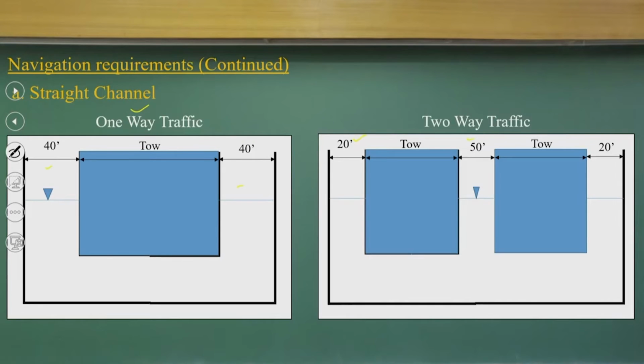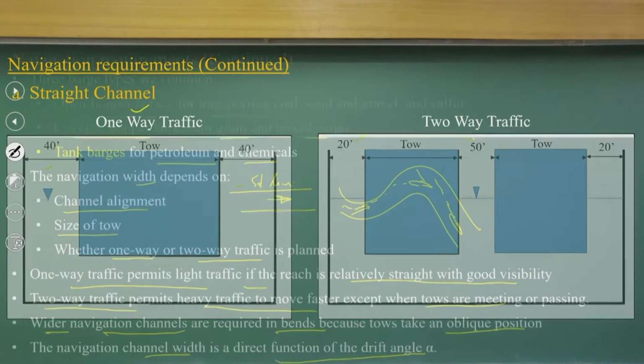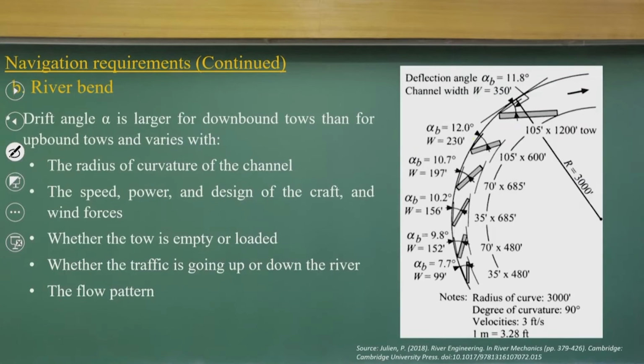As I said, a straight channel is possible only for man-made canals, but in rivers we may not have straight reaches. So, we always have a bend. If you look at this figure, you can understand that the radius of curvature is 3000 feet, the degree of curvature is 90, and the velocity is 3 feet per second.